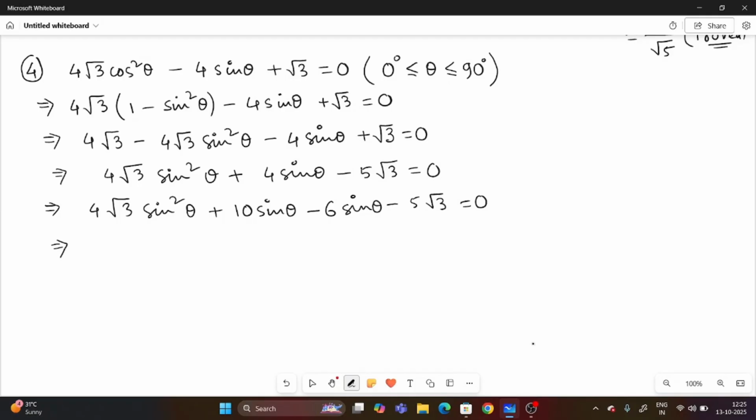From the first two terms, we can see clearly that 2 sin theta is common. So within the bracket we get 2 root 3 sin theta plus 5.